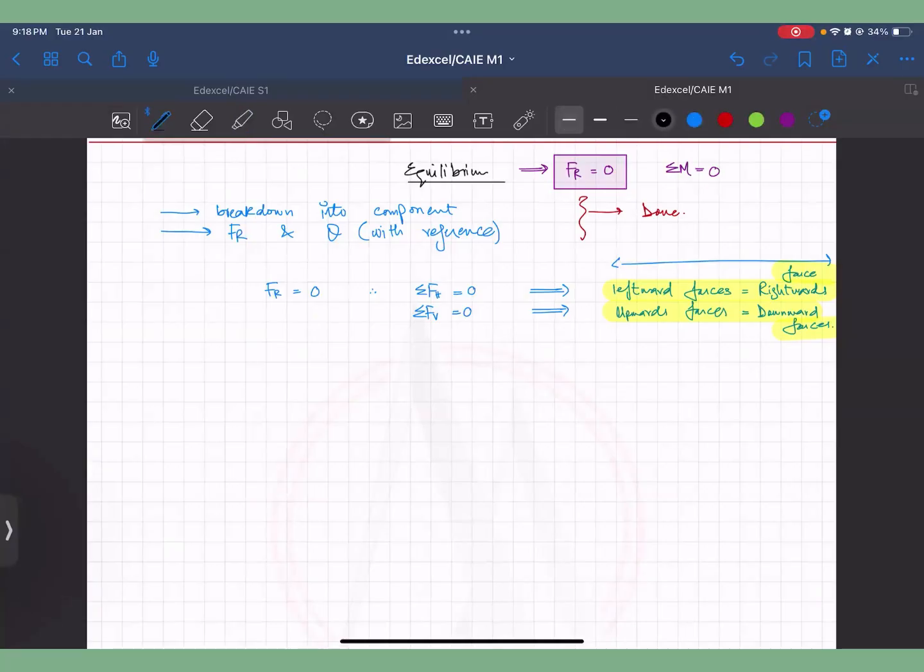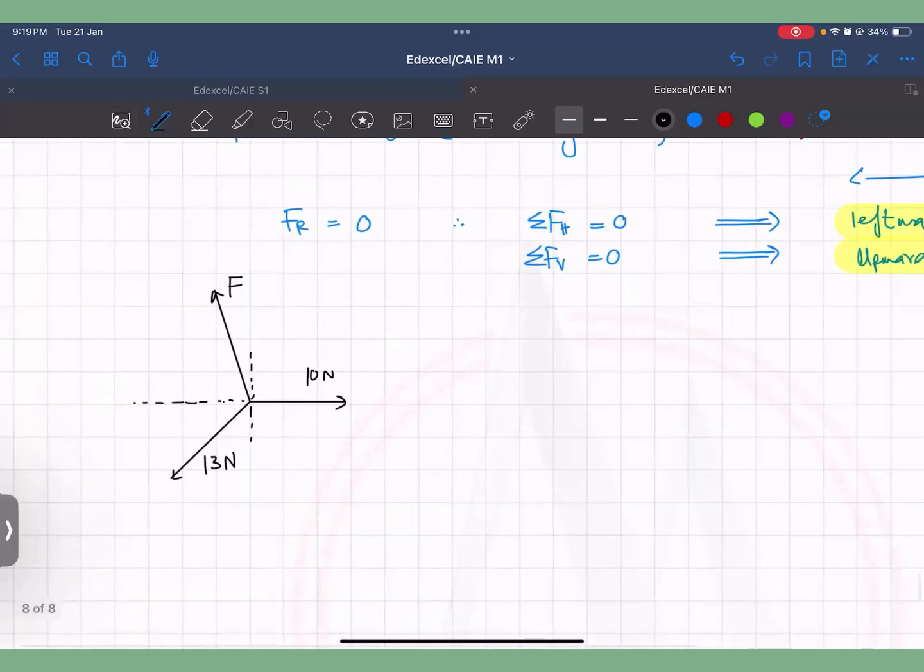So let's suppose they've given you a situation. This is 10 Newton. This is, I don't know, 13 Newton, and there's another force like this. Suppose this is F Newton. You don't know. Let's suppose this is 50 degrees, and this is 70 degrees.